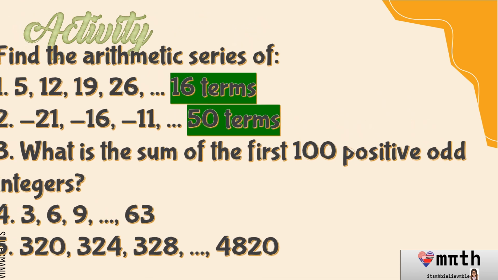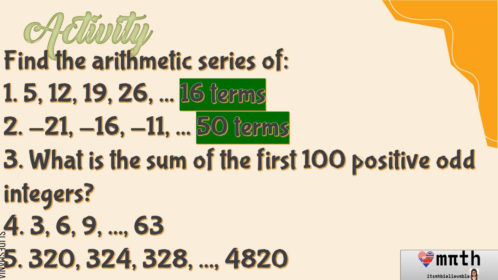And since we're done with our examples, we're going to have your activity. In this activity, you're going to find the arithmetic series or the sum of the following. Starting from number 1, that is 5, 12, 19, 26 up to its 16th term. Number 2, that is negative 21, negative 16, negative 11 up to its 50th term.